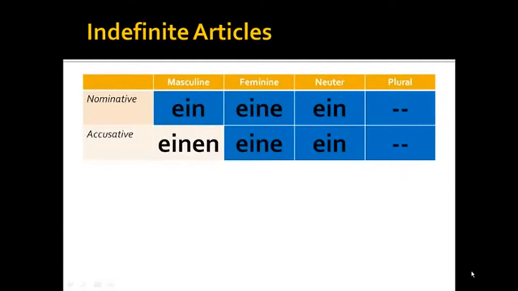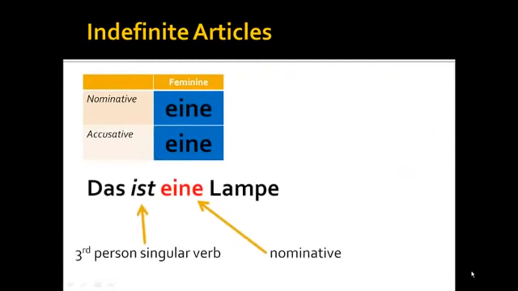So we've sort of built our knowledge up, looked at the charts. Let's apply this to some real-life sentences. So, Das ist eine Lampe. That is a lamp. Now, I know that Lampe is going to be a feminine singular noun. It's die Lampe.